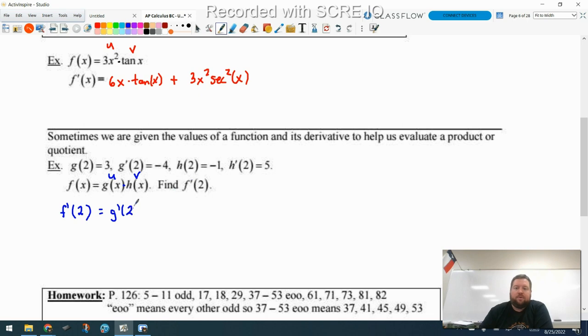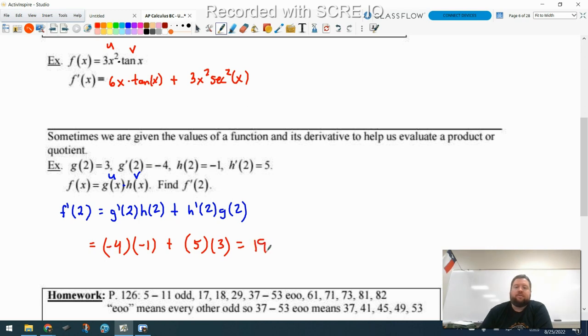All right, g prime of 2 times h of 2 plus h prime of 2 times g of 2. Okay, and then hopefully they've just given us all the pieces that we need right up here, and they have. So negative 4 for g prime of 2. h of 2 is negative 1. h prime of 2 is 5. g of 2 is 3. So this is 4 plus 15, which is 19.